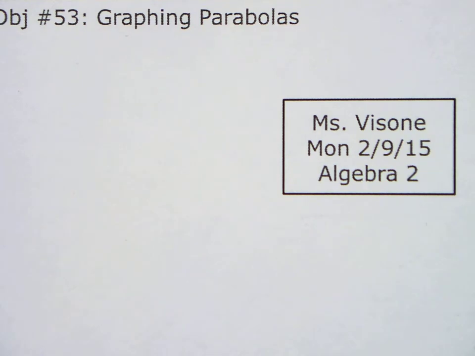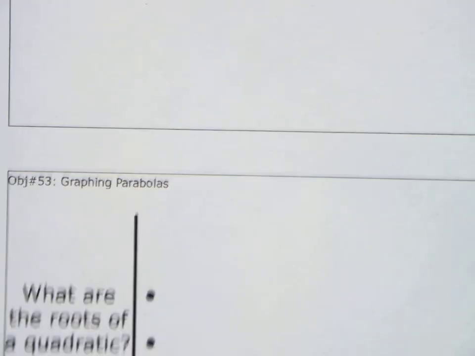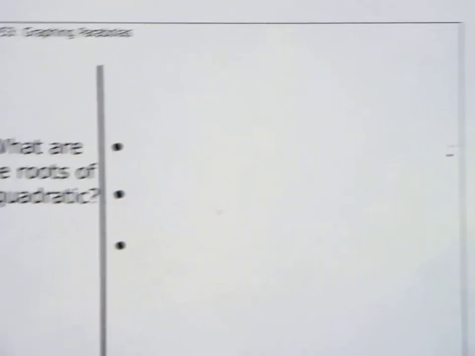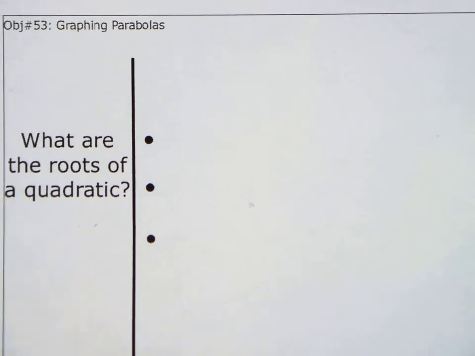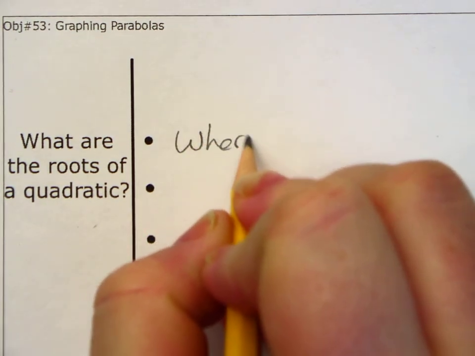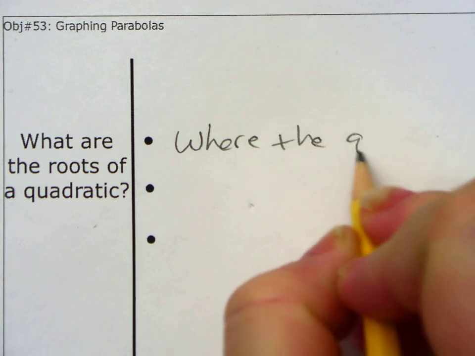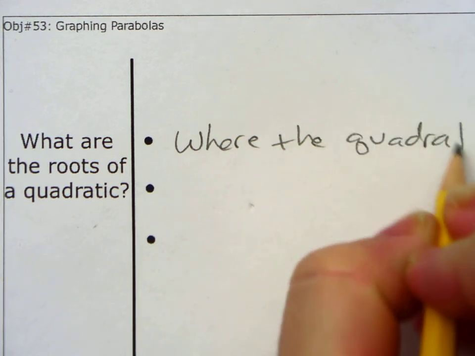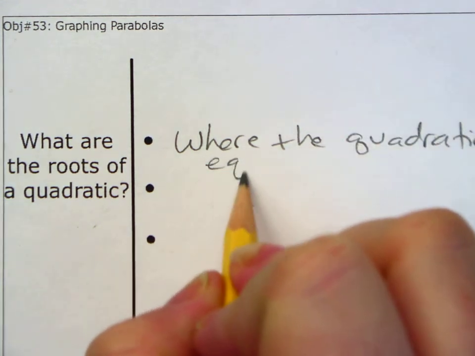All right, so let's start with a little review. What are the roots of a quadratic? The roots of a quadratic are where the quadratic equals 0.